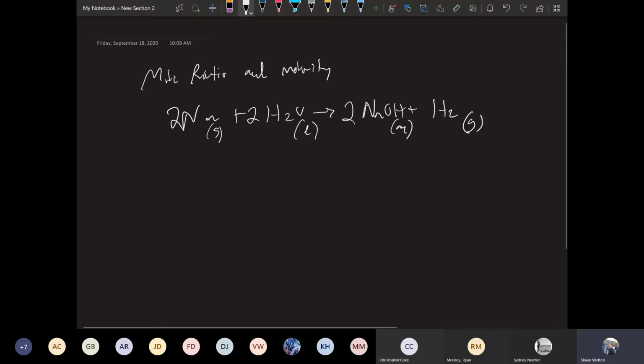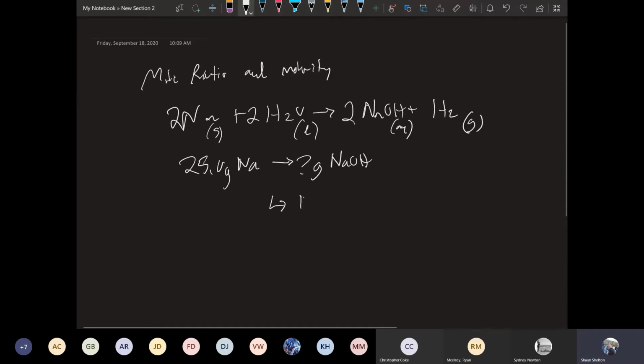So when we talk about solution stoichiometry, what we typically do is, if we start with 25 grams of sodium, a normal question would be, what mass of sodium hydroxide will be produced? Now, another question could be, so we do this in a volume, okay?